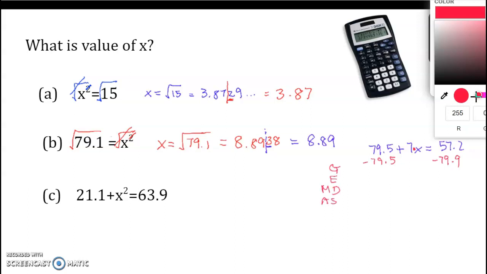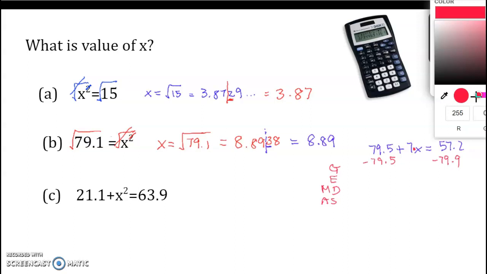It says grouping symbols, then exponents, multiplication and division next, and then addition and subtraction at the bottom. That means we need to do exponents before addition and subtraction. So x is being squared first and then added to 21.1.